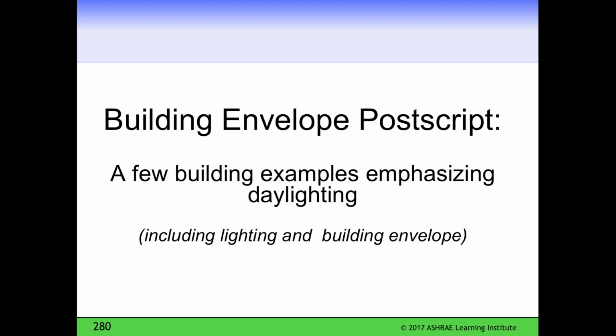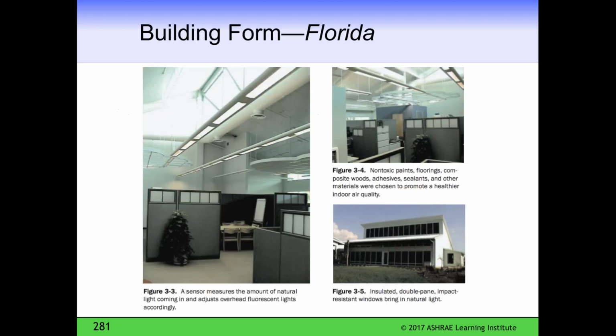Now, if you go back to what we talked about last week, with daylighting being a mandatory requirement in buildings starting in 2010, and in 2013 having 2 levels of daylight zones, a primary area and a secondary daylight area. So what we're looking at is a few examples of buildings that use daylighting very effectively.